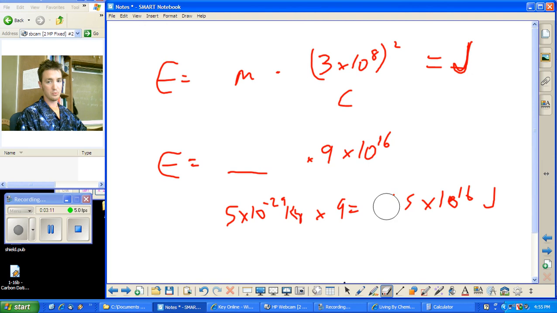So, to calculate that, it's kind of the same thing. 5 times 9 times 10 to the 16th. So 5 times 9 would be 45. 10 to the negative 29th times 10 to the 16th. What you do when you're multiplying exponents is you add those up. So what's negative 29 plus 16?